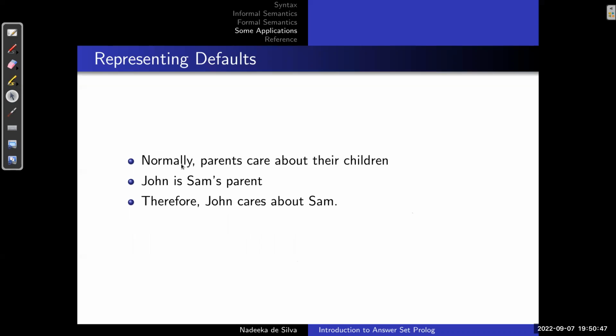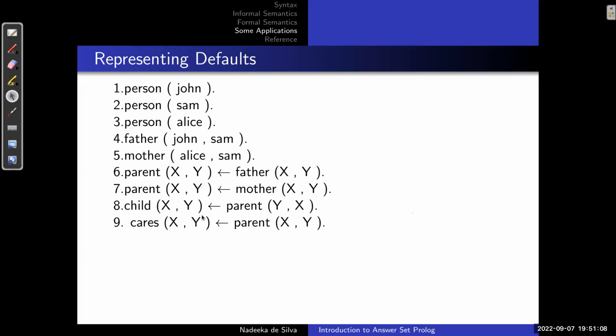If I give this normal rule and that information, a rational person will decide that John cares about Sam, because normally parents care about their children. So we can include this rule, rule 9. I'm saying if X is the parent of Y, then X cares about Y.